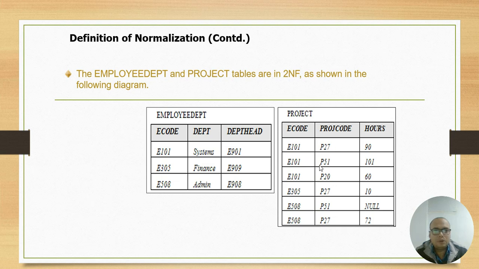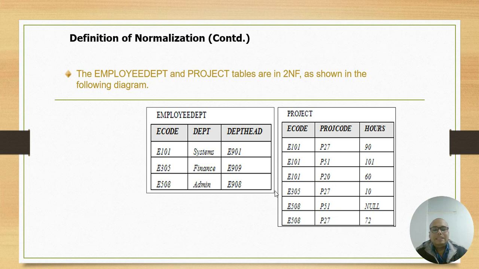I mean my table is already in second normal form. Here you can see employee code, department head, and employee code, project code, and hours. So employee code depends upon project code, and project code depends upon hours. These are functional dependencies. They follow the whole key concept. Those that do not follow the whole key concept have partial dependency. That's why they are made separate.